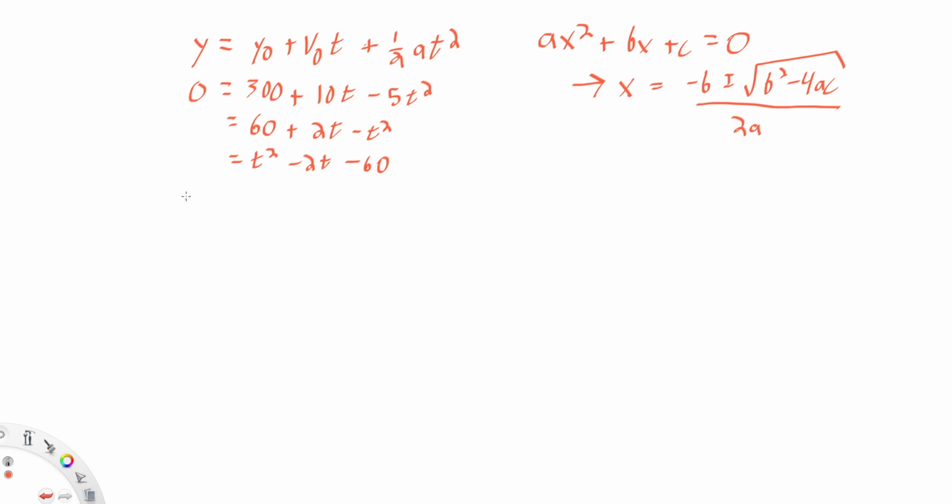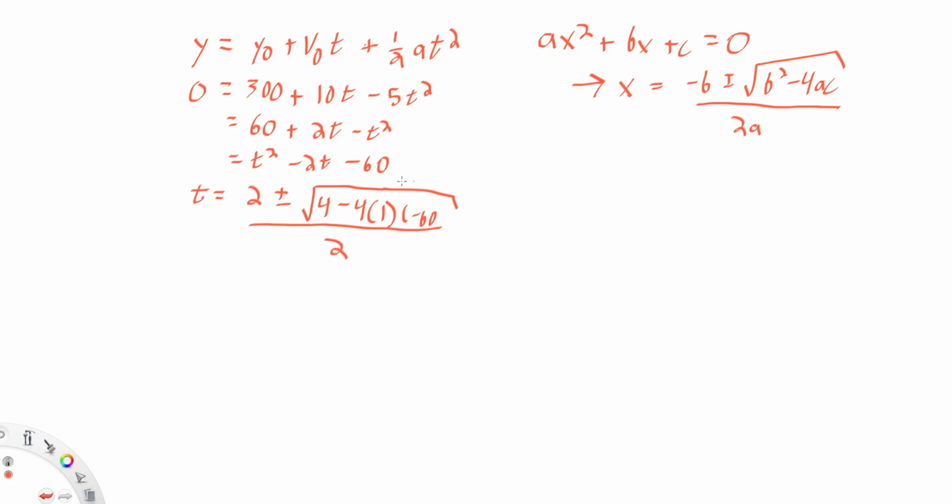So we can make some identifications with our situation here, and we can say that t is going to equal, see, our coefficient of our linear term is -2, so we get 2 plus or minus the square root of 2 squared, which is 4, minus 4 times a times c, -60, all of that over 2.